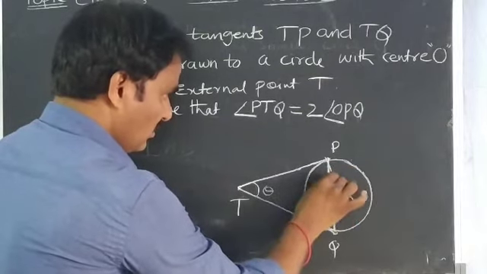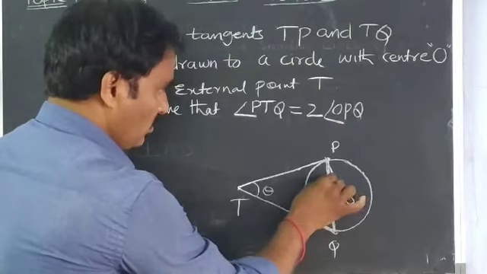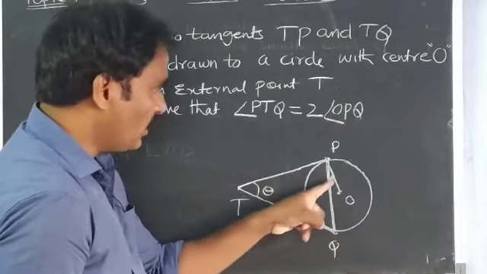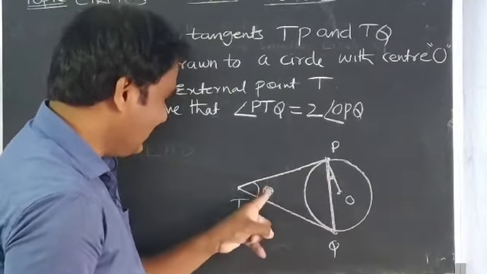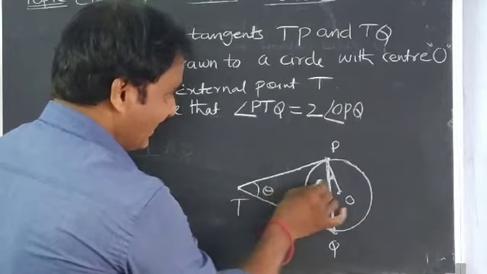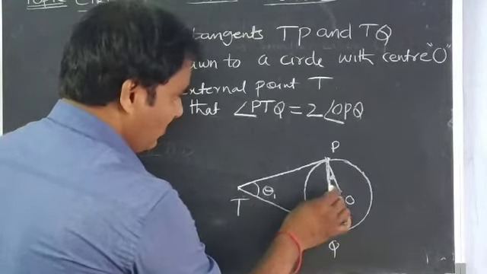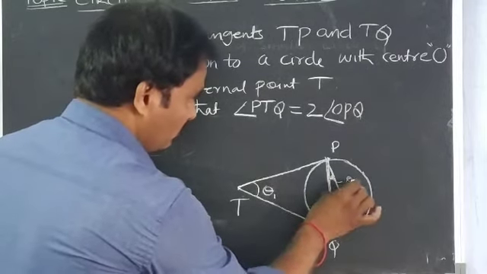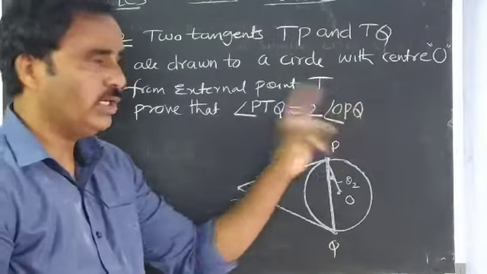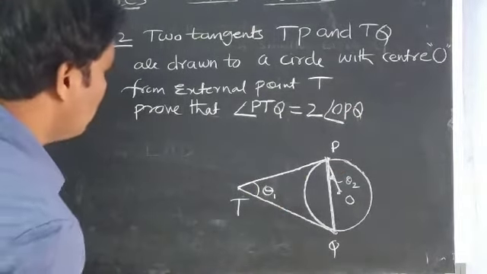Now this is the angle OPQ. We are going to prove that this angle is twice of this angle. Suppose I am taking this as theta 1, and this angle as theta 2. What we are going to prove is theta 1 equal to 2 into theta 2. Right, this is the required diagram.